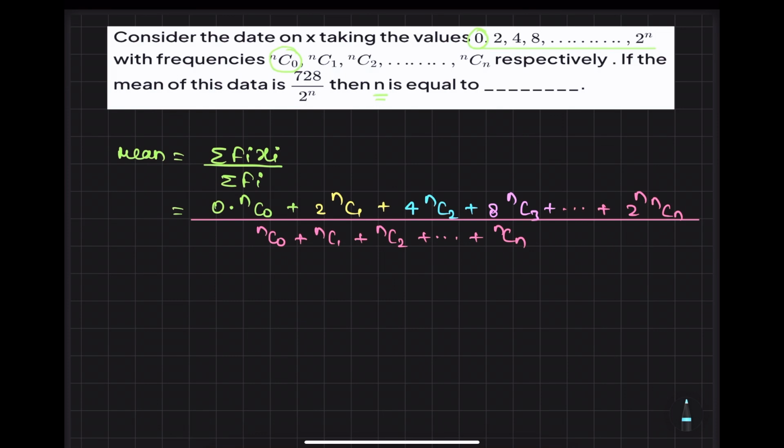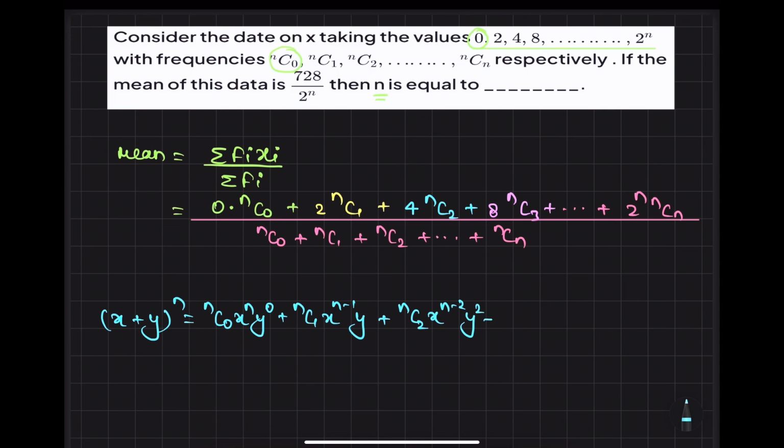You know that in the expansion of, say, x plus y power n, if you expand this, it will look like nC0 x power n y power 0, nC1 x power n minus 1 y power 1, nC2 x power n minus 2 y power 2, nCn x power 0 y power n.